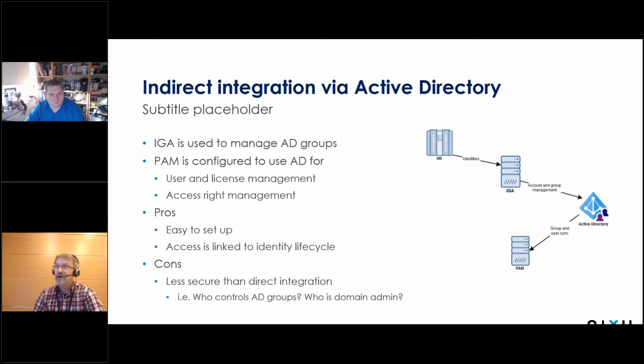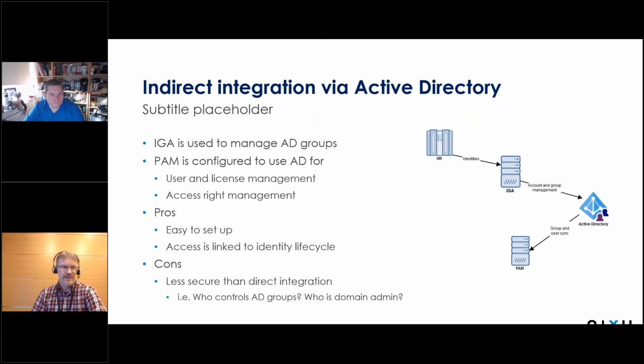and well-known architecture. Pros: really easy to set up, really quite trivial, because all IGA products integrate with on-premises AD. All PAM products integrate with AD as well, so it's really quick and easy to set up. And in this case, the access is linked to the user's identity lifecycle.